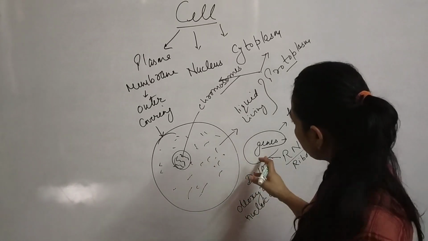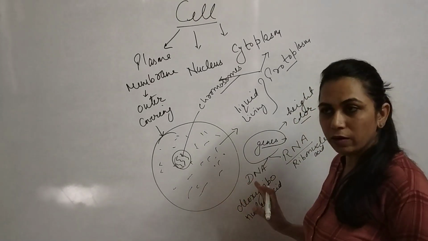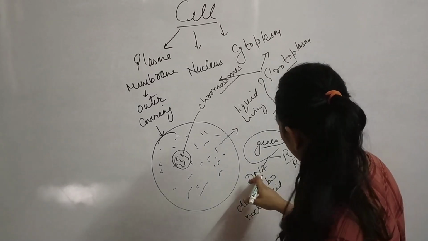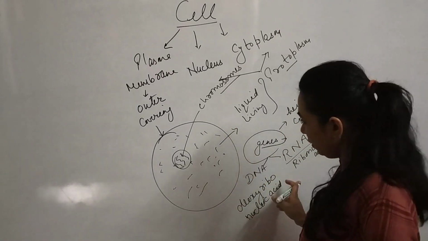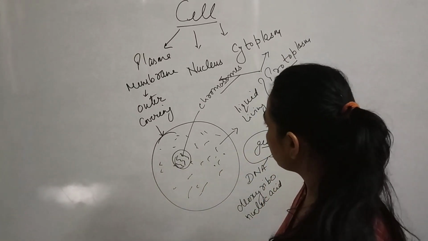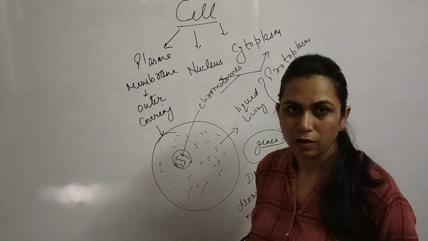Right? So only one of DNA or RNA is present in an organism's cell, and it carries the genes which are transferred from one generation to another. So in all these cells, these three things are present.